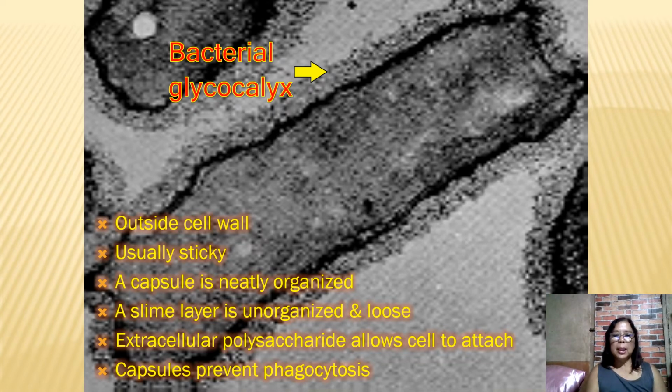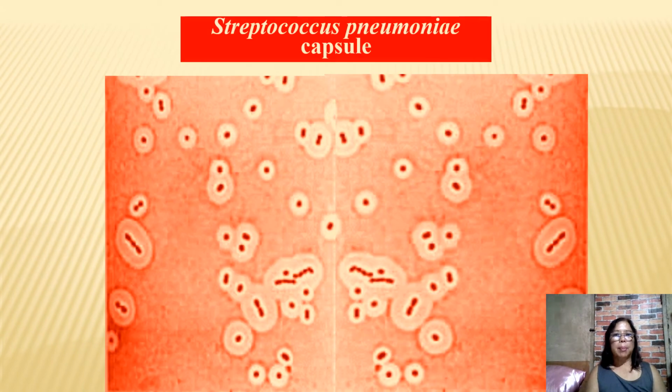It has an extracellular polysaccharide structure or chemical composition that allows the cell to be attached to the inner part or external part of the cell. So the capsule itself prevents phagocytosis by the presence of the glycocalyx.